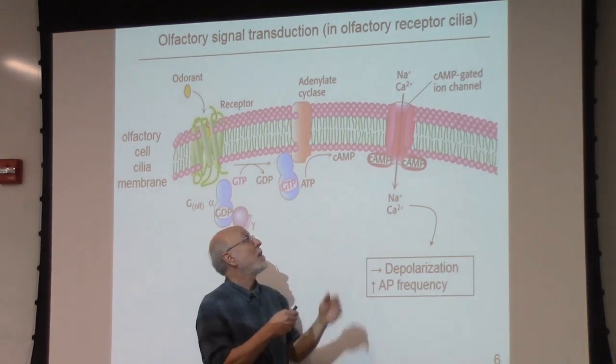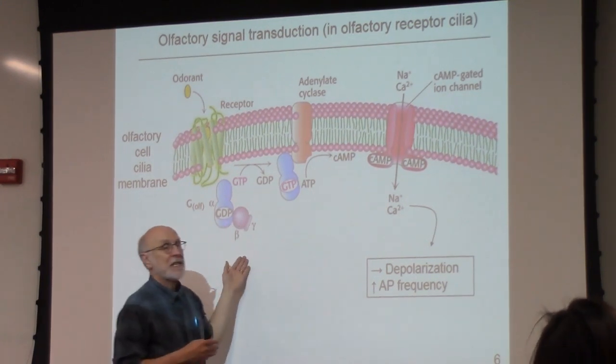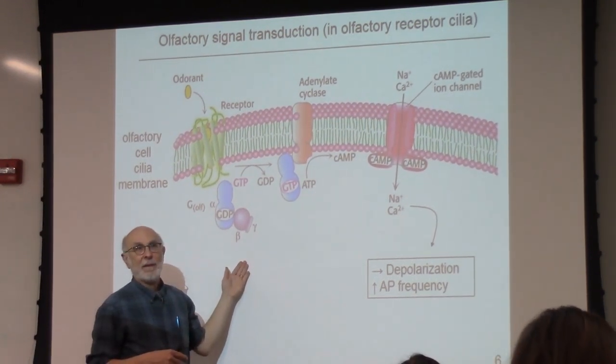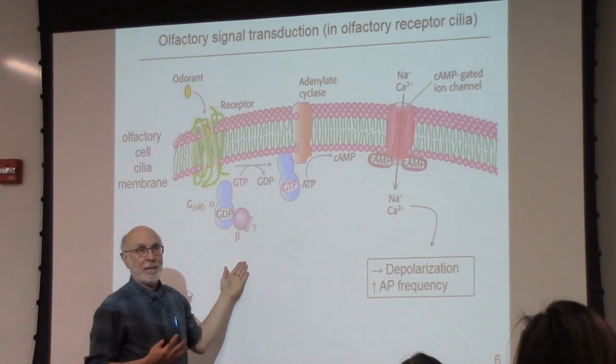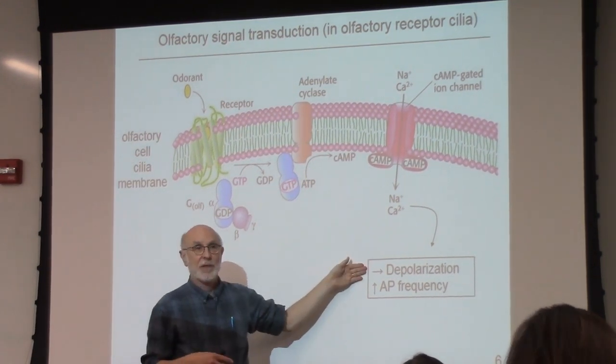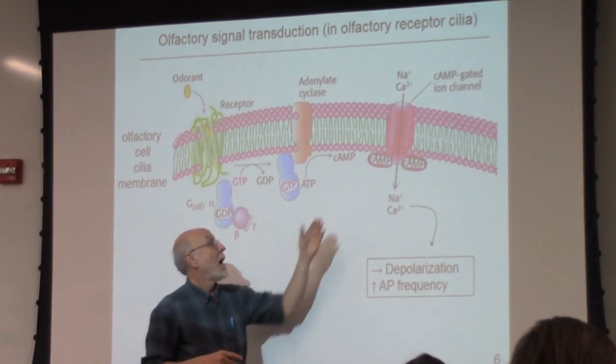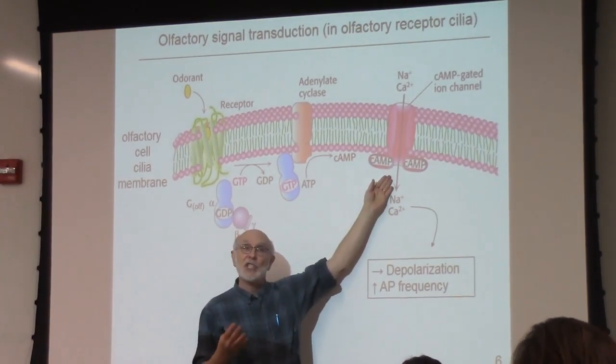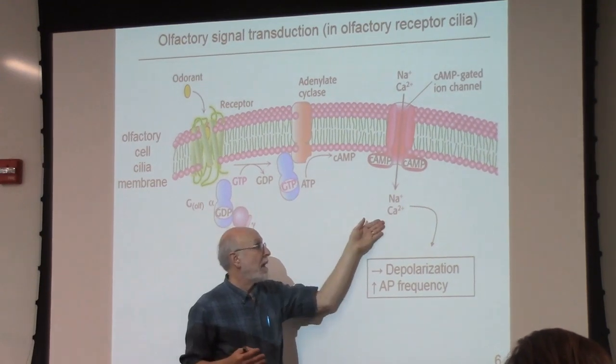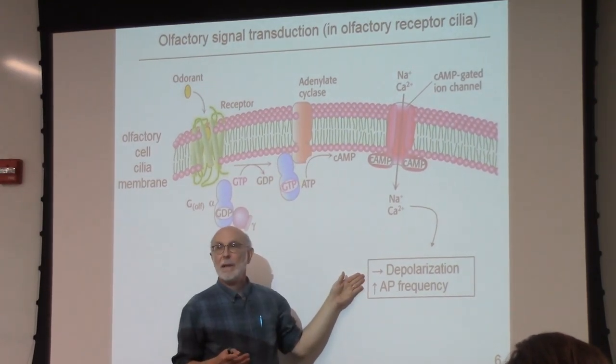So what does the opening of this channel do to the resting membrane potential? It depolarizes it. It's no longer at rest. It's been activated by the odorant, so maybe that threw you off. Opening of these channels causes influx of cation and depolarizes it.